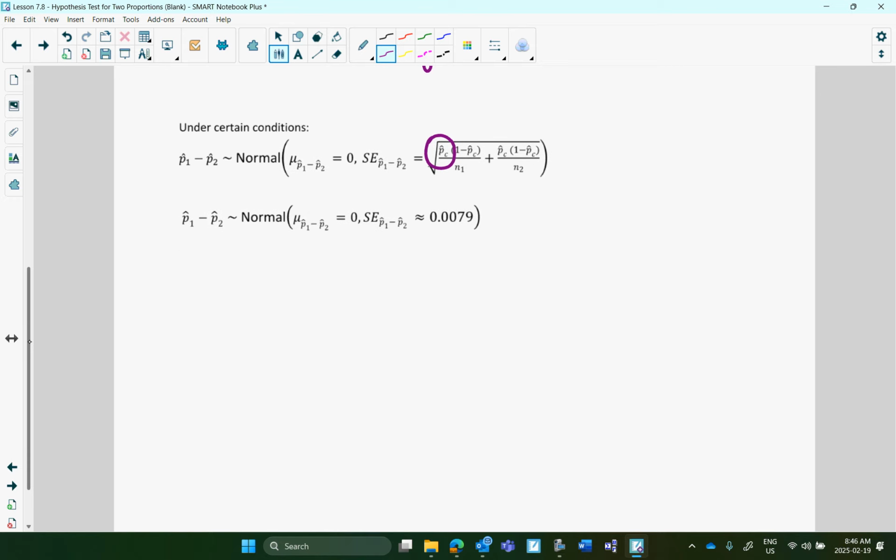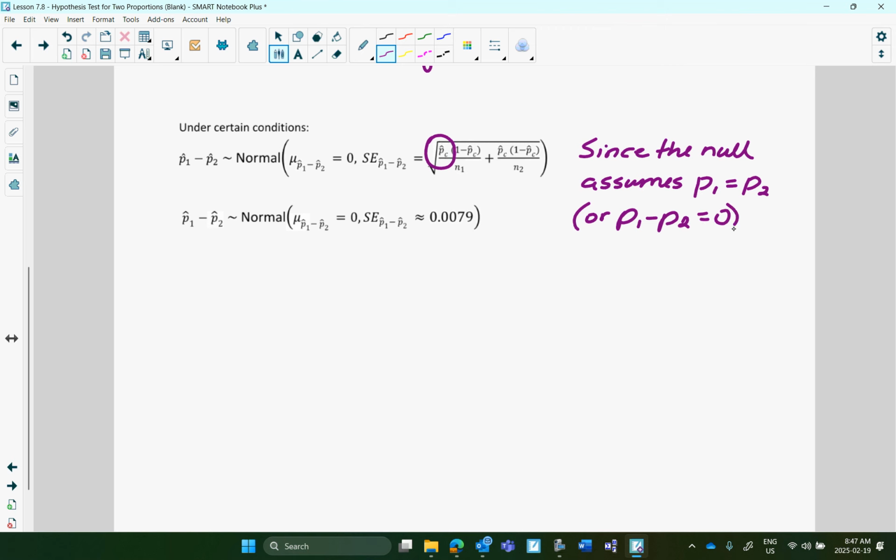Since the null hypothesis assumes there's no discrimination, so they equal each other, or if we subtract the white minus black, we get 0.